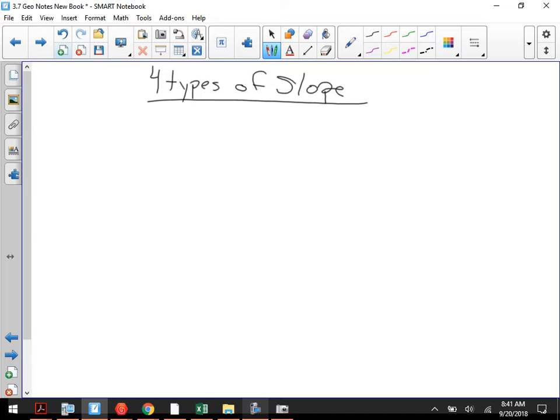Well, we're dealing with lines since they're all going to be linear. There's a positive slope. So I was going to say, if there's a positive slope, that means there has to be a negative slope. Okay. Positive, there's negative.